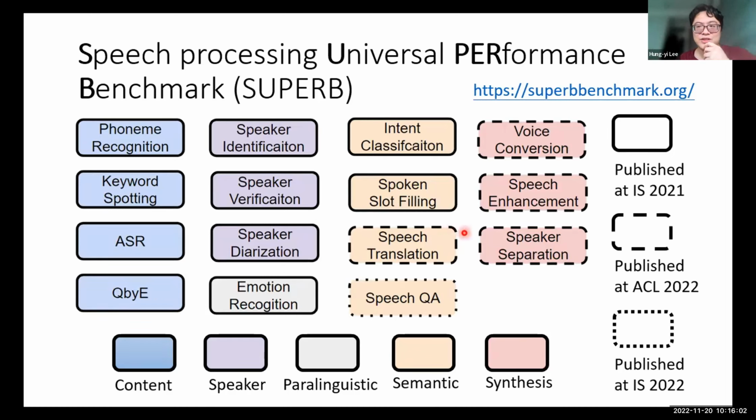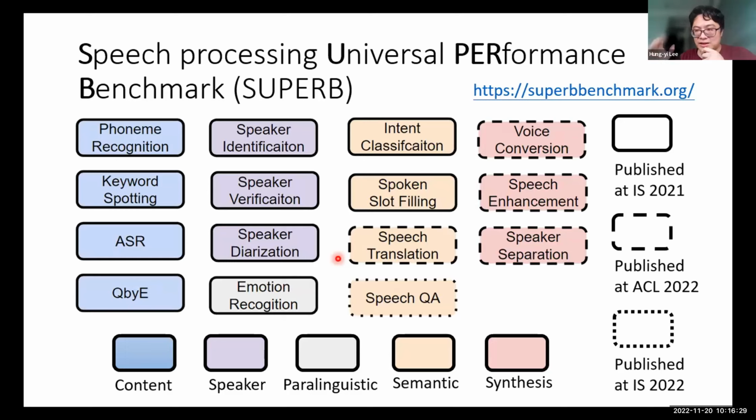In the speech community, there's also a benchmark corpus to evaluate whether those pre-trained models are general or not. This benchmark corpus is called Speech Processing Universal Performance Benchmark, or SUPERB. SUPERB includes a wide range of different speech processing tasks, covering many different aspects. Here for different aspects, I use different colors.